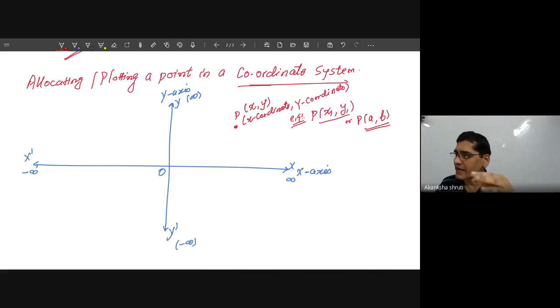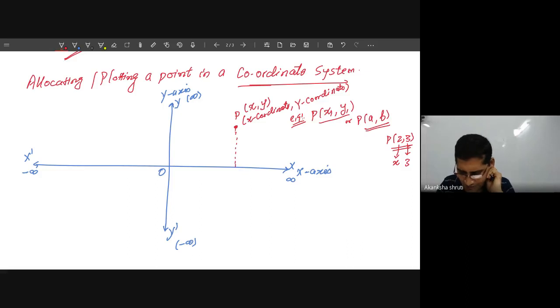If I say P is 2 comma 3, I have to move 2 units along the x-axis and 3 units along the y-axis, then I can reach this point.